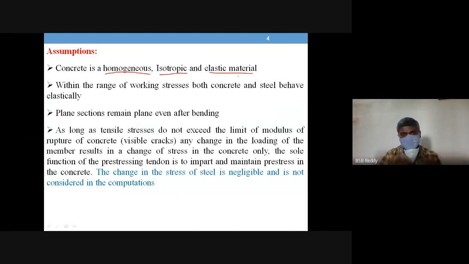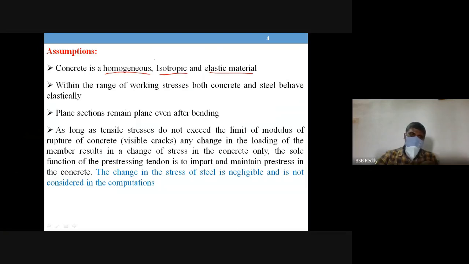You know this assumption very well, and you already had this assumption for reinforced cement concrete analysis and design also, where the material is elastic, which means you load the material, remove the load, and it comes back to its original position.